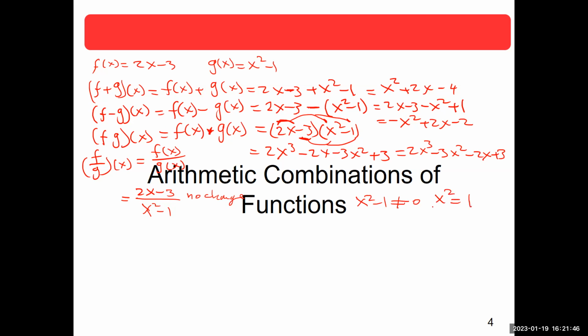We take the negative 1 to the other side. Then remember, when you take the square root, we have two answers. So x should not equal positive 1 or negative 1. That's all you need to do when you do dividing. Make sure the bottom is not 0 and find the x value for it.